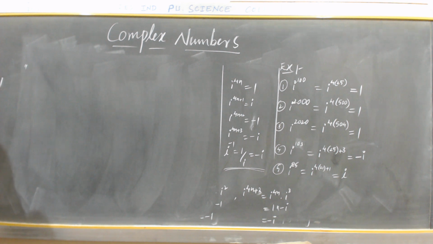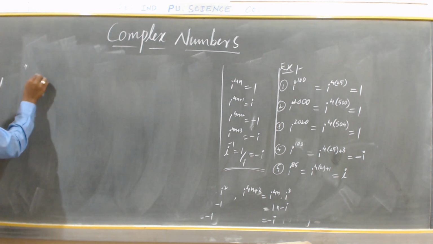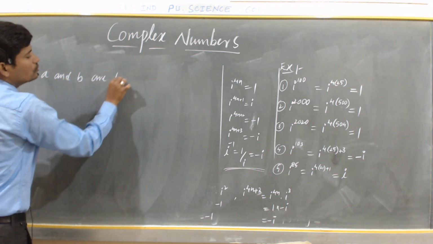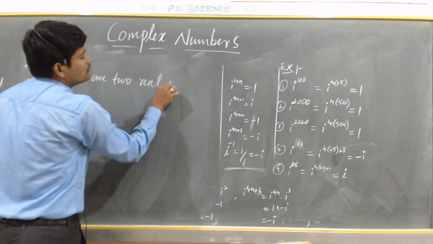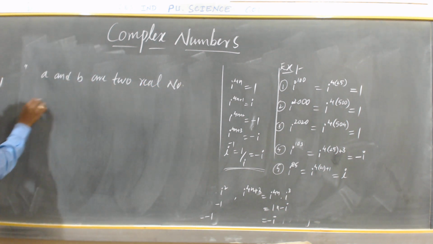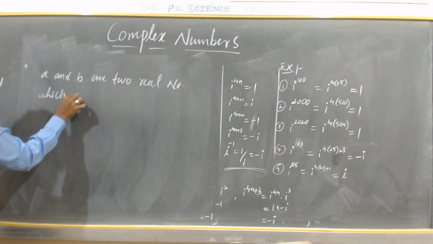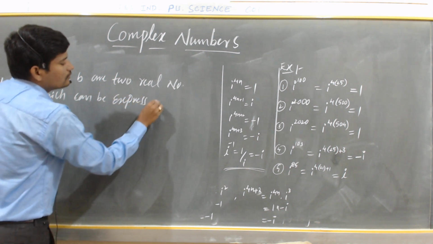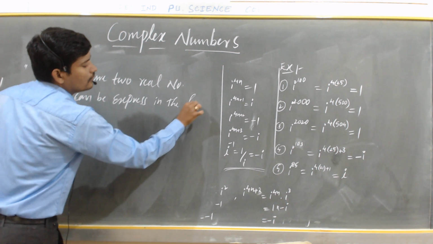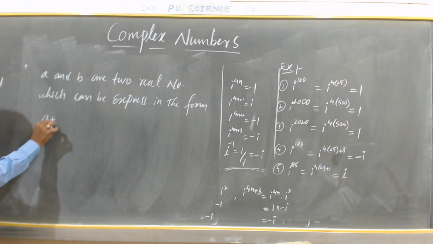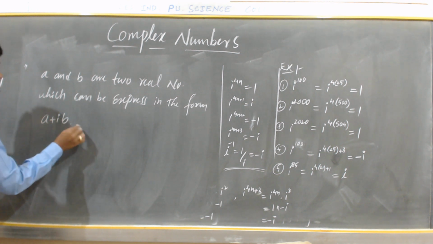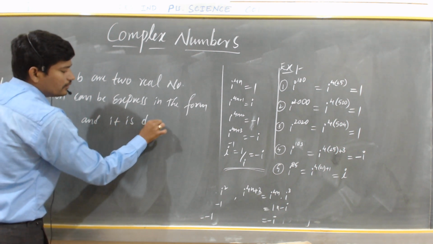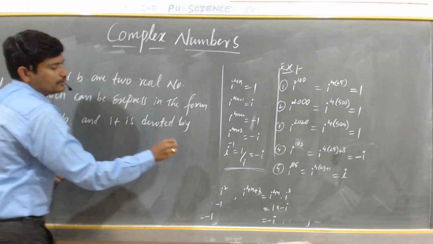Okay, a and b are two real numbers which can be expressed in the form a plus ib, and it is denoted by capital letter z.